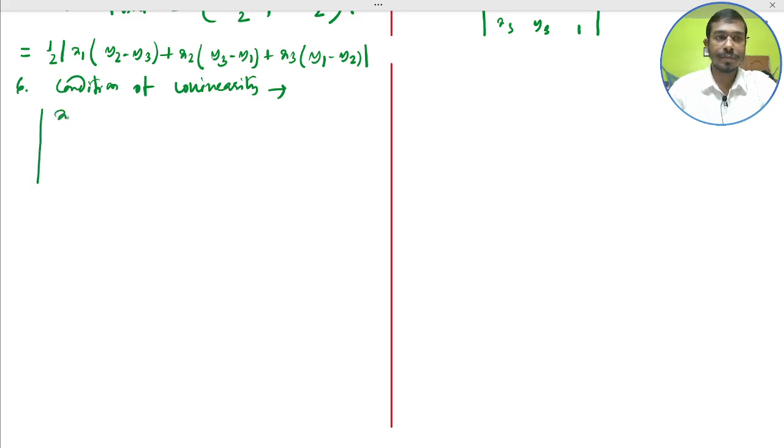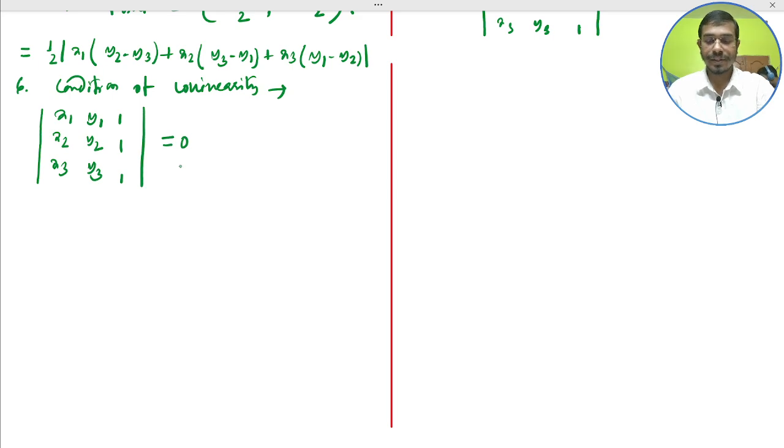That is, the determinant of x1, x2, x3; y1, y2, y3; and the constants 1, 1, 1 is equal to 0, if and only if.